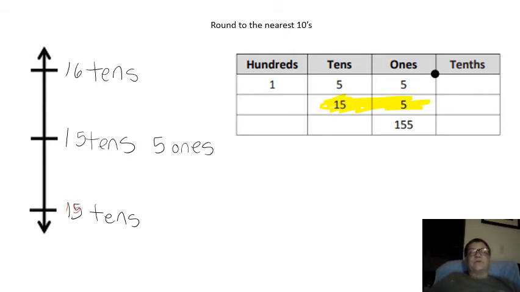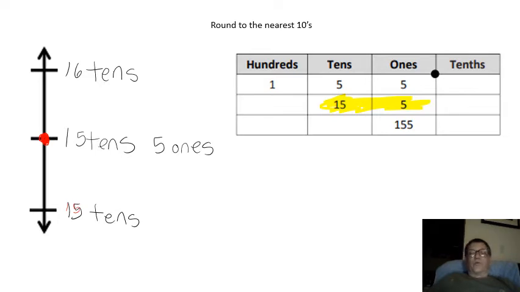So midpoint is always going to be 5. So 15 tens, same as the bottom, and 5 extra ones. Now I'm going to take a look at the number I have, which is 15 tens, 5 ones. And I'm going to put my dot right on the place value chart where it's at, which is right there in the red dot. So I have 15 tens, 5 ones.